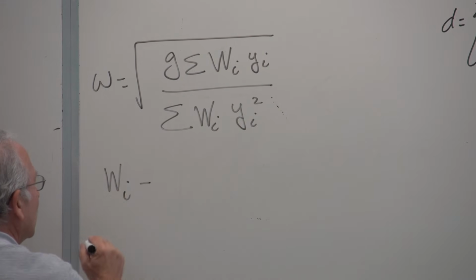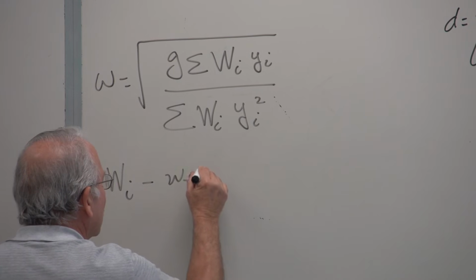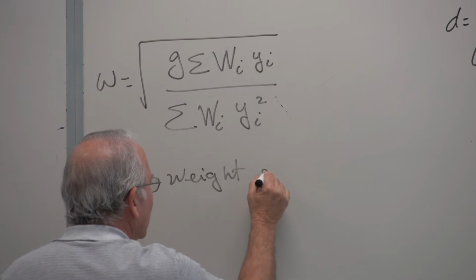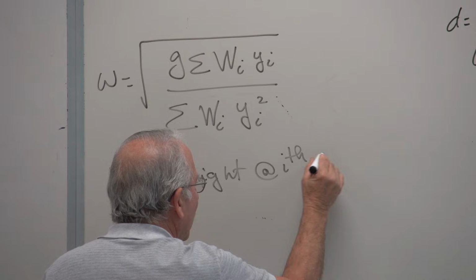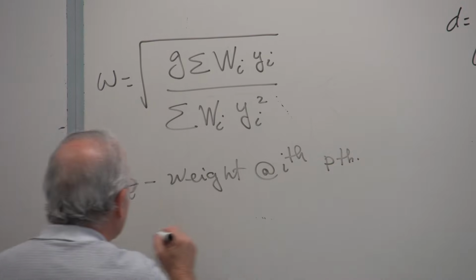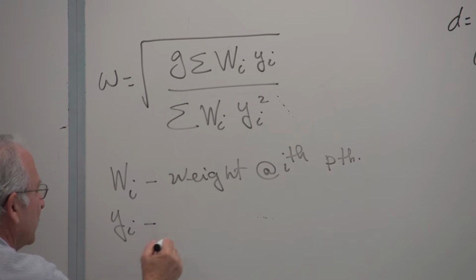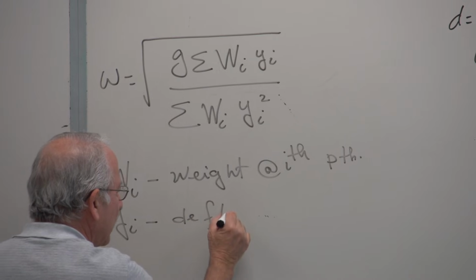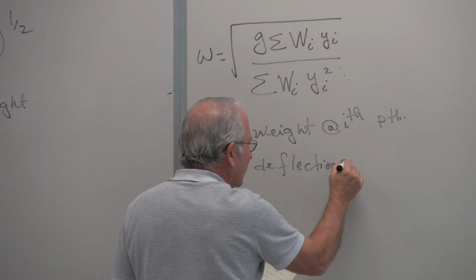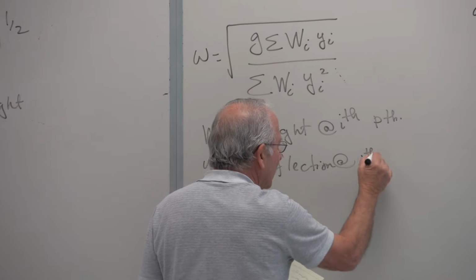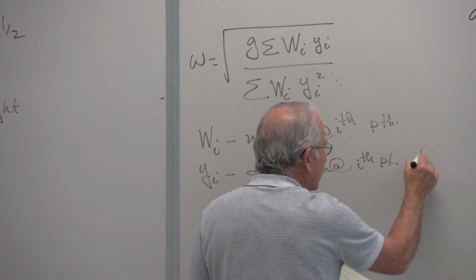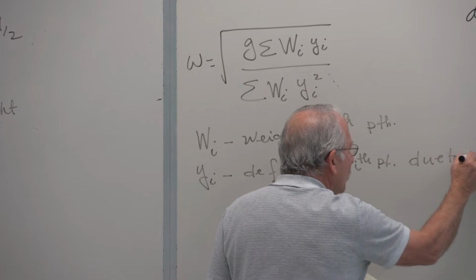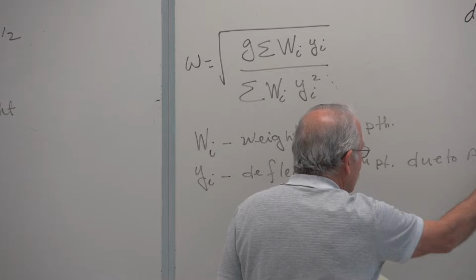In this case, Wi is the weight at the ith point, yi is the deflection at the ith point due to all loads.